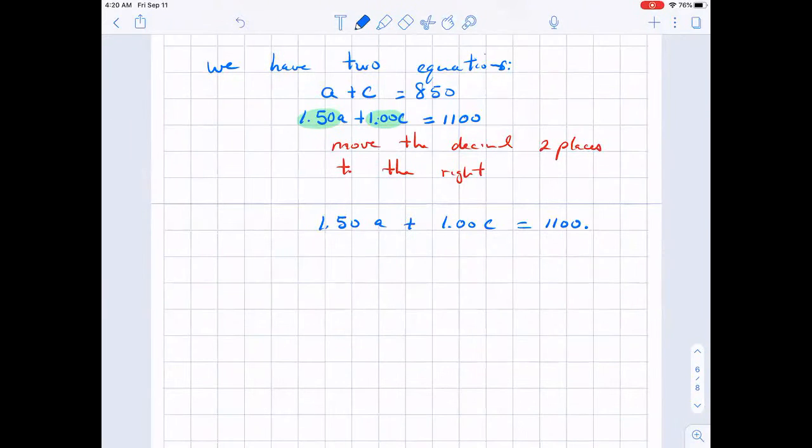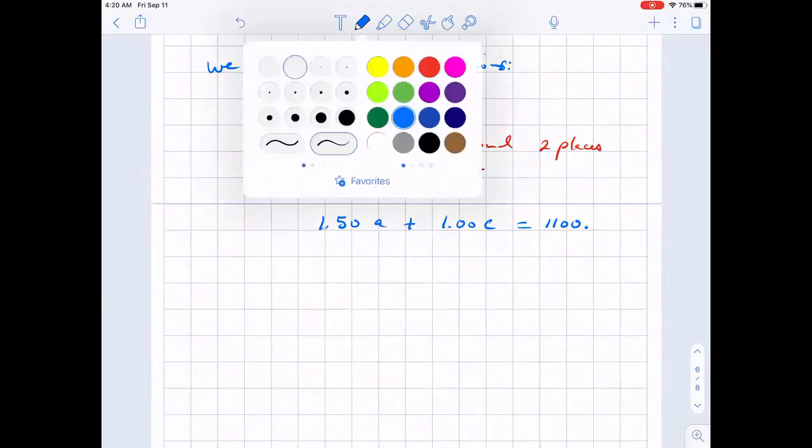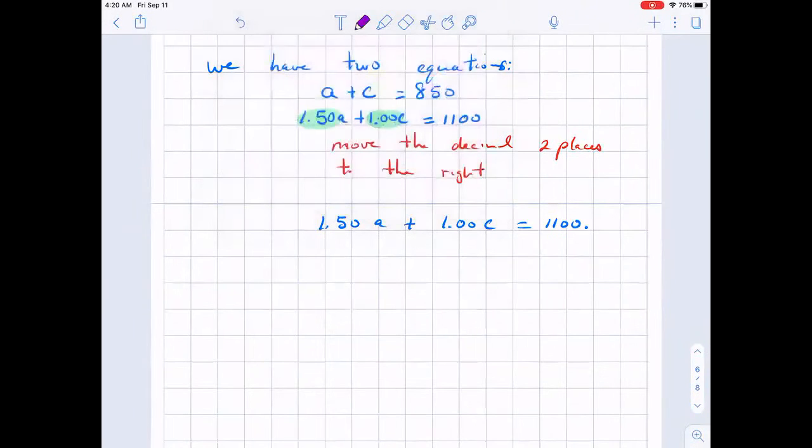Okay. So if you move it 2 places, you don't have to move 2 because this 0 doesn't have values. So you can just move it 1.